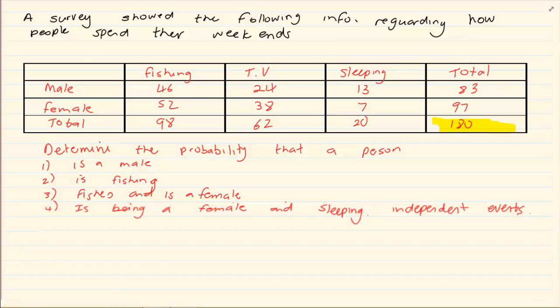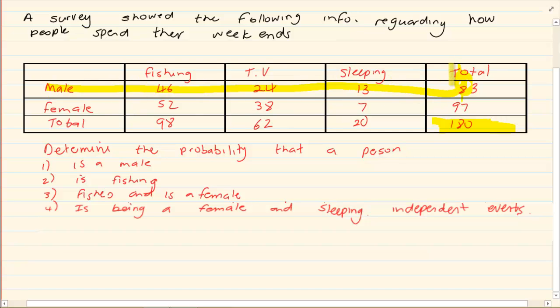Now, determine the probability that the person is a male. If I want a male, I'm looking at the total. So I want male and I want total. So where are they meeting? At 83. So the probability is 83 over what is my total? 180. Be careful. Most of the people don't know where to look for the total.